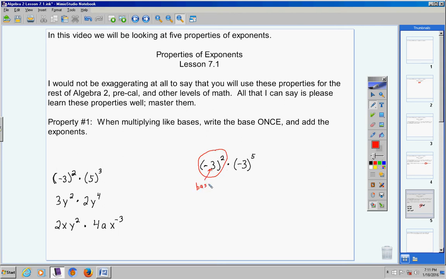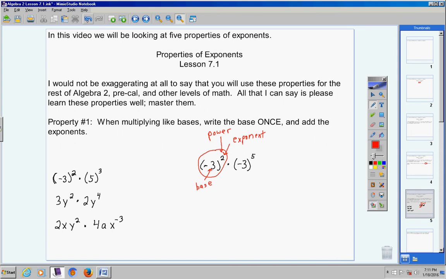Your base. And the 2 right here is called your exponent, or we can also call it a power. Now some books call this entire expression altogether a power. I don't make that differentiation. I just simply say this 2 right here can be called a power or exponent, and this is your base right here.